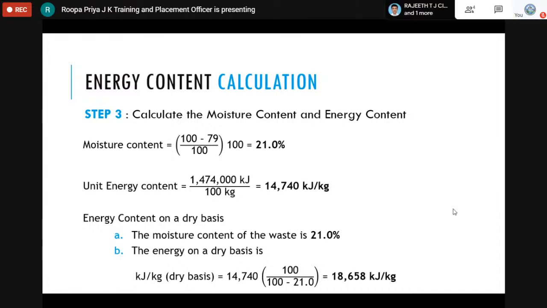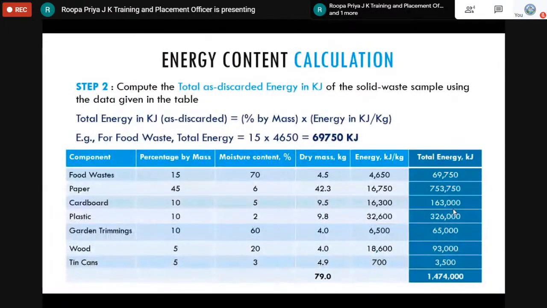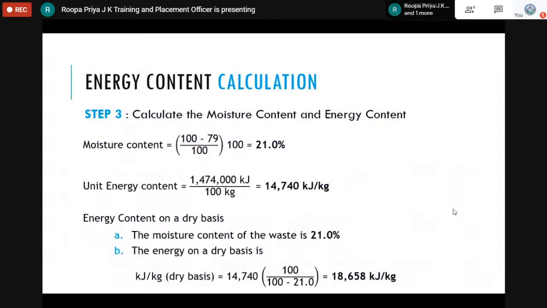That gives you the moisture content. Calculate the unit energy content, which is equal to the total energy calculated by you, that is the total of this last column, divided by 100 kg. That is the total mass of that particular solid waste sample. That gives you the unit energy content.